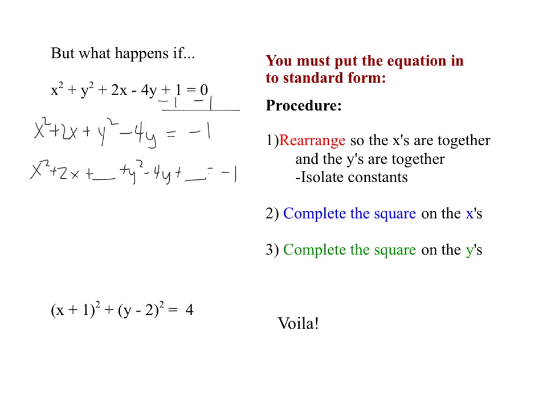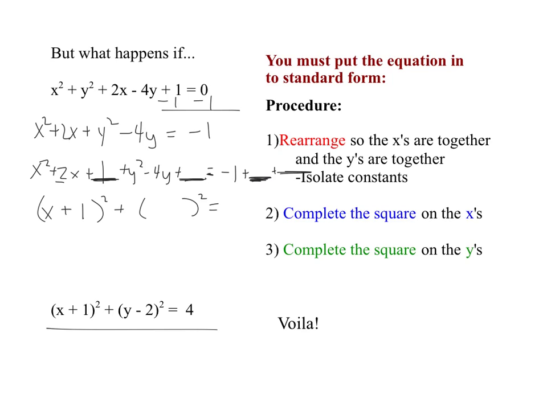Over here, we're going to add 2 things. We're going to add this one to complete the square for the x's, and then this one to complete the square for the y's. In the end, this is the answer for that one. So we like to do 2 steps in one. Remember, take this, divide it by 2, and then square it.